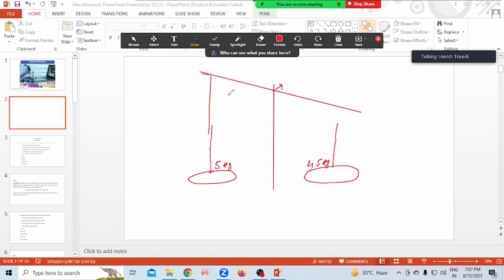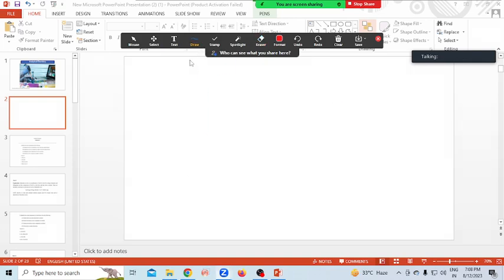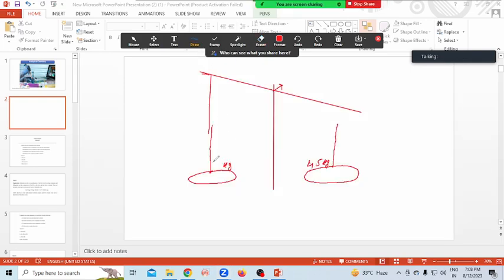So this will be 4.5 kg and it will be 5 kg.